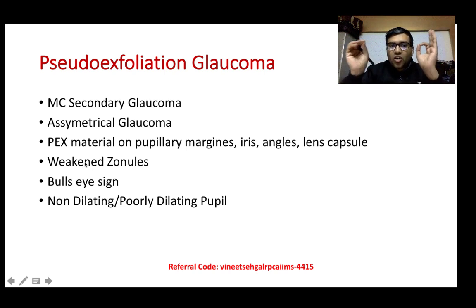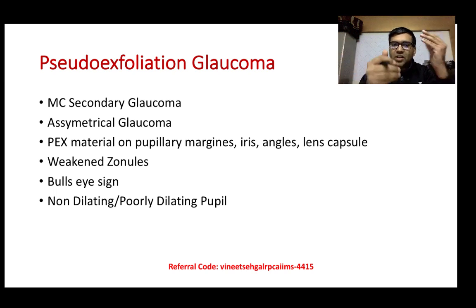Because of these weakened zonules, your lens is sometimes subluxated. Pseudoexfoliation glaucoma can also be asked as a question about the associated signs. So another associated sign which is very important is your subluxated lens.